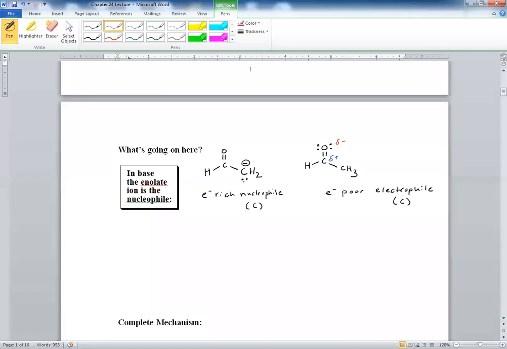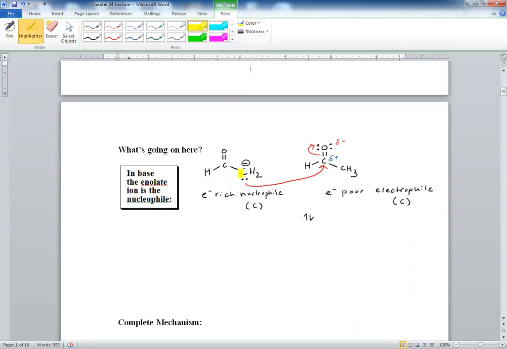So the nucleophile is attracted to the electrophile, attacks, and forms the following. Okay, so we need to really mark them.